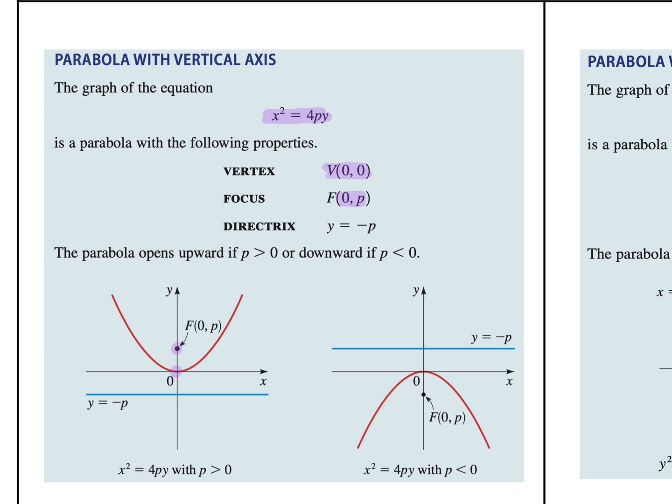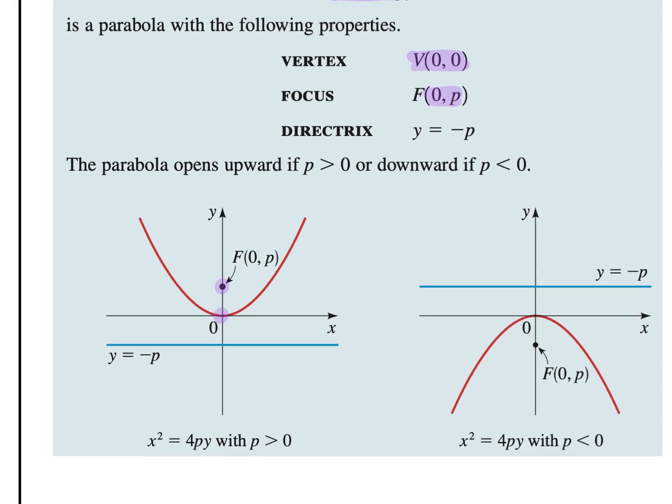This is your focus. Take note that your focus is always inside your parabola. It cannot be outside. But the directrix is the one that is outside your parabola, behind the vertex.